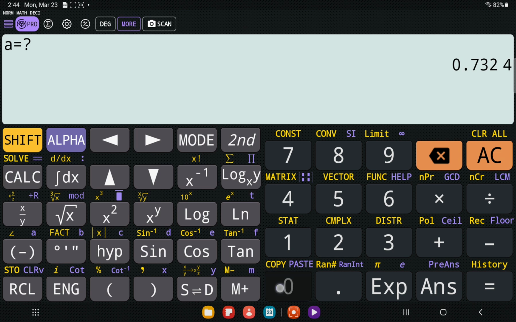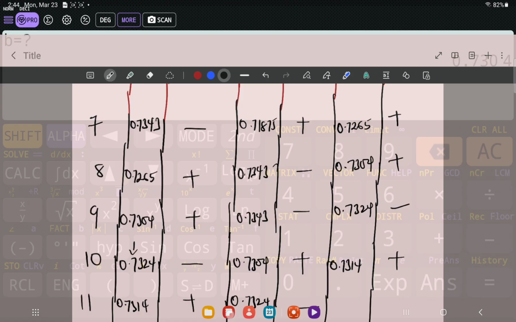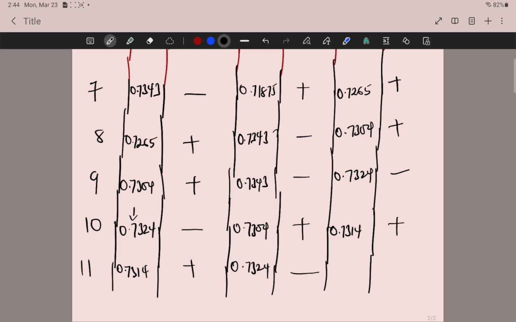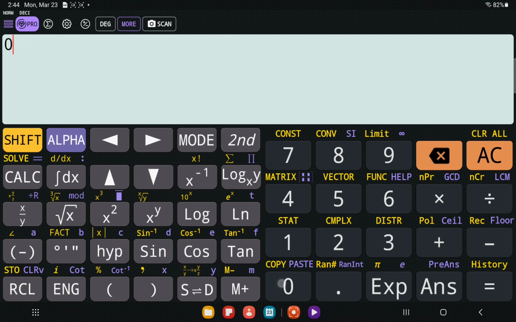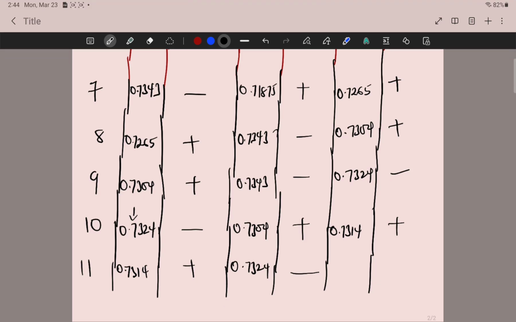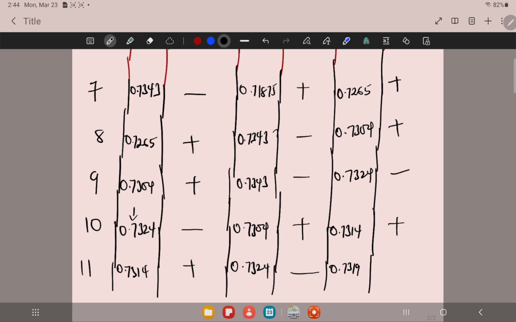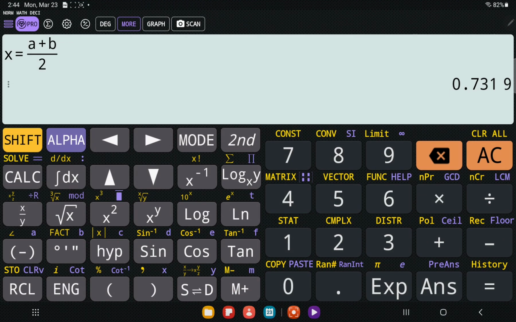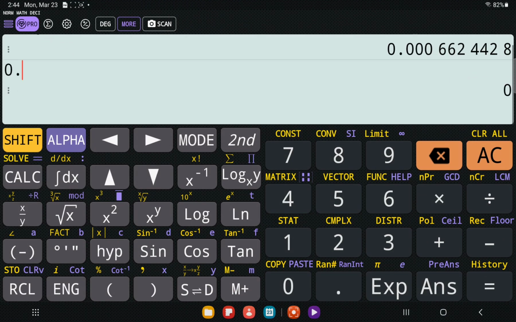Calc at 0.7314 and 0.7324. The middle is 0.7319. F of it is a positive.